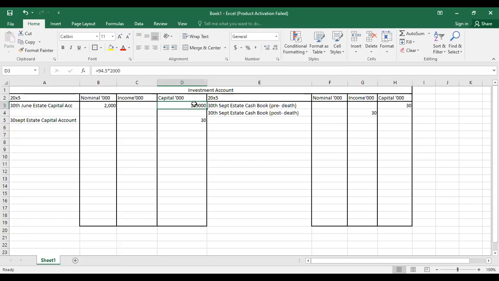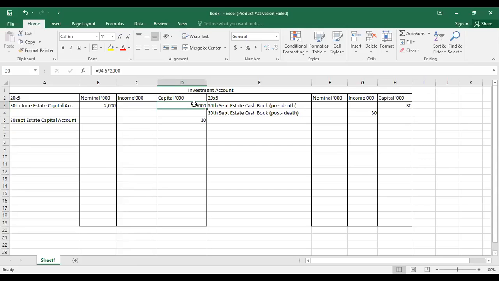So that is a case of CAMDIV, or where we have the cumulative dividend. You can see what you've done. You go to get it right here. So you debited the investment account at its full value and credited the estate capital account.